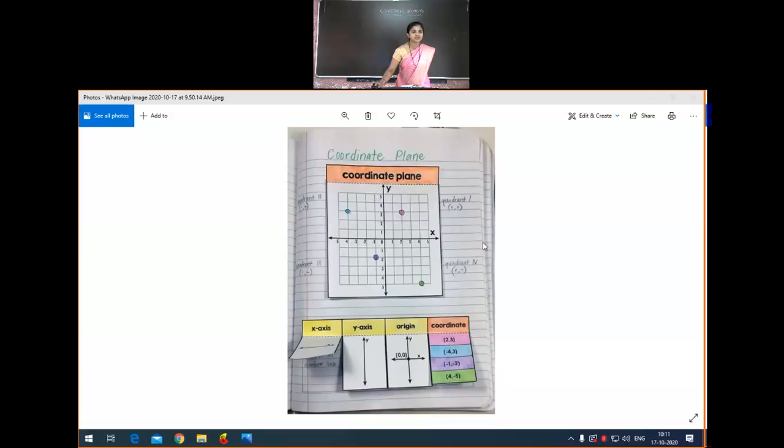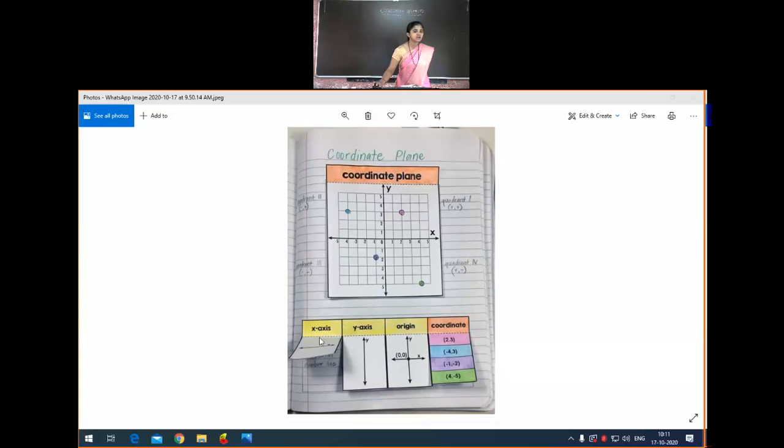This horizontal line and vertical line intersect each other at one point. So it forms the plane as a Cartesian plane. This horizontal line is called the x-axis and this vertical line is called the y-axis.